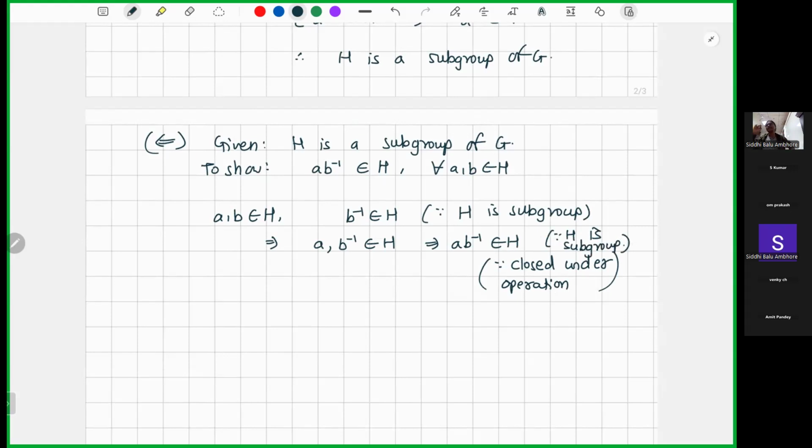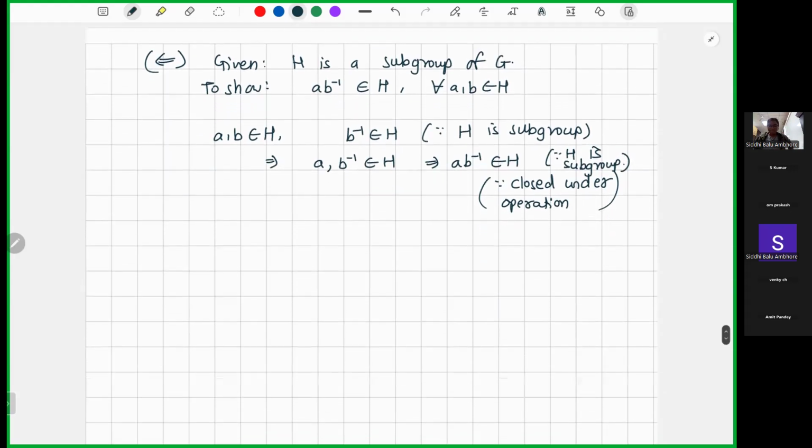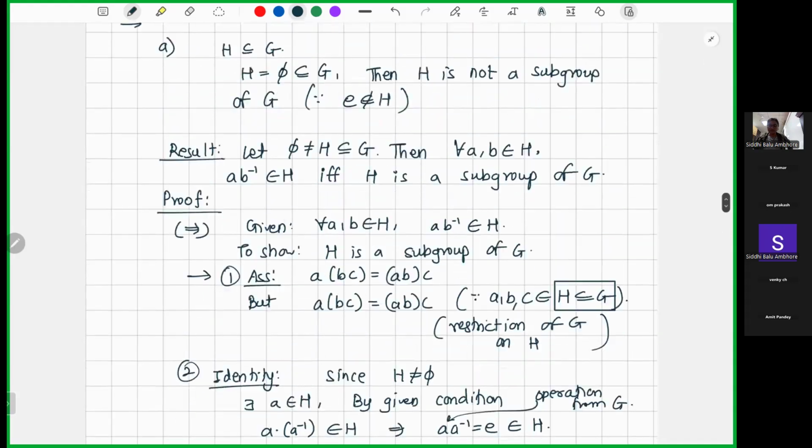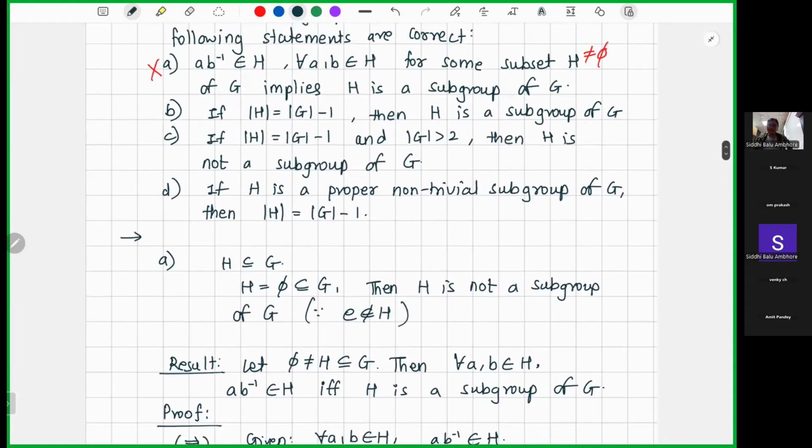Any doubts here? Whatever we did here, and the first part, that why the statement is not true when I consider H to be an empty set.